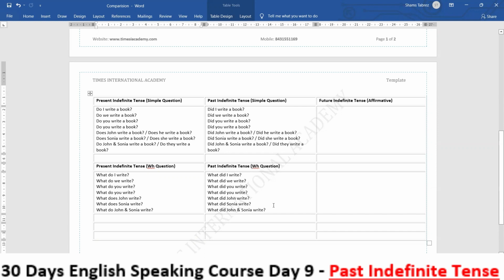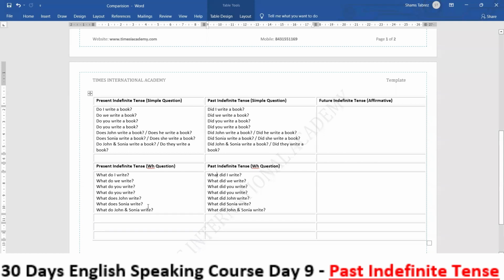But in past indefinite tense WH question, same WH word, but there is only a change in the helping verb. Remaining as it is, you see the pronoun and the verb and the question mark, only there is a change in the helping verb. So this is how you need to compare. Where is the change?